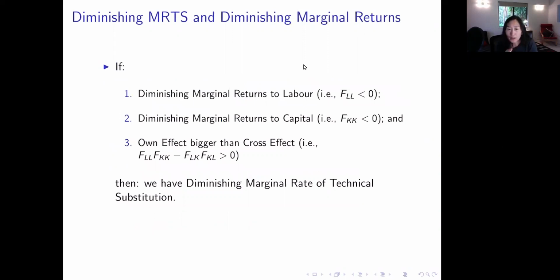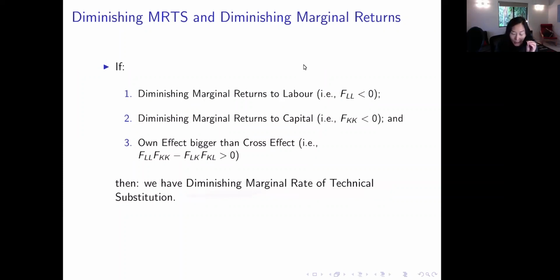The way to directly verify whether or not we have the diminishing MRTS is that we need to see if we have three conditions or not. Okay, if we have all three conditions, 1, 2, 3, then we can conclude that we have the diminishing marginal rate of technical substitution.